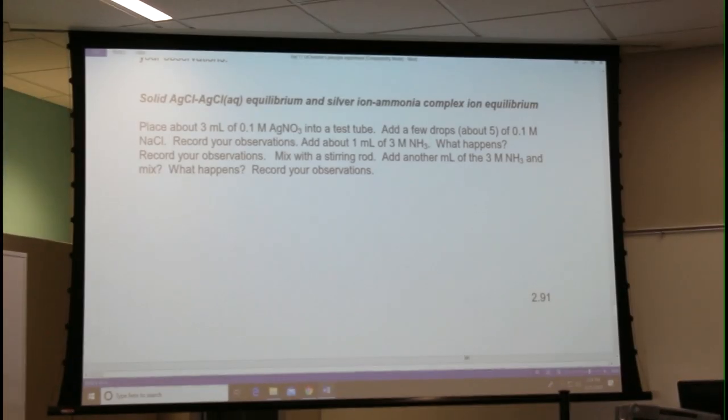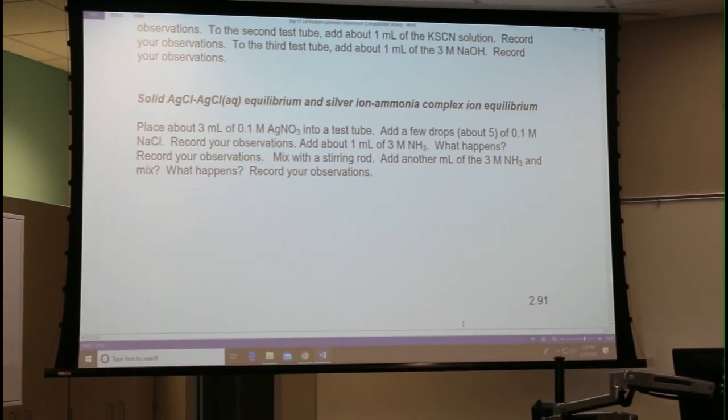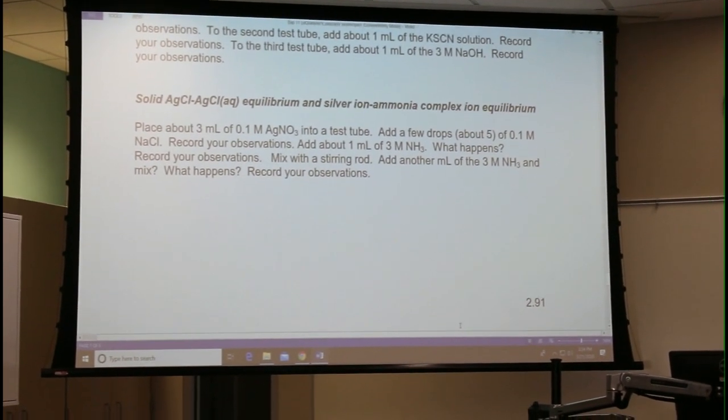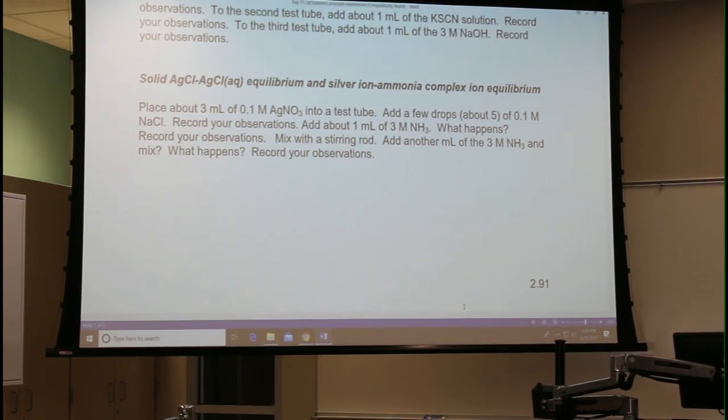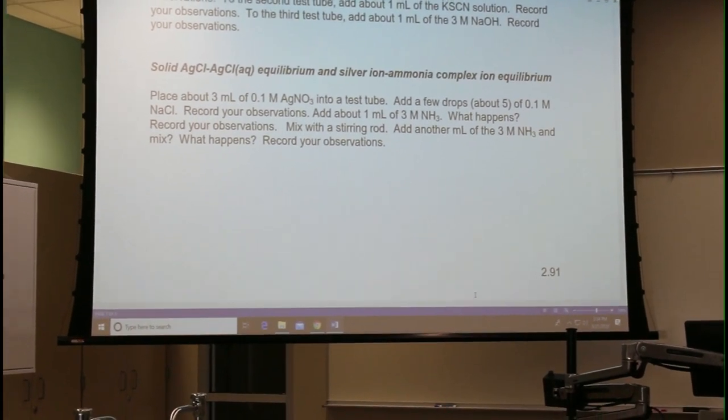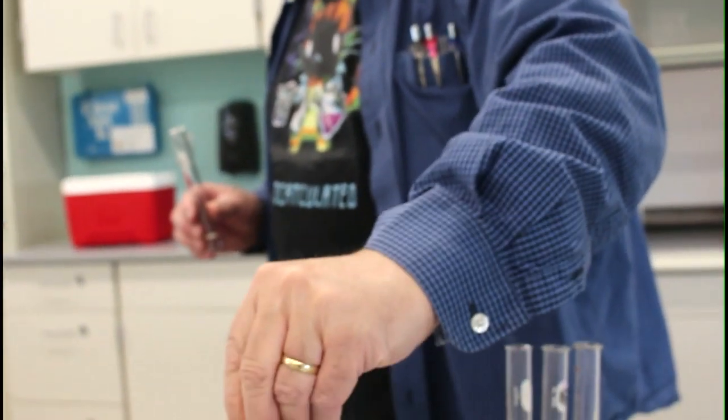And so there's the procedure. It says place about 3 milliliters of 0.1 molar silver nitrate into a test tube, which I've done here. And then add a few drops of 0.1 molar NaCl. So it's about 5 drops or so.